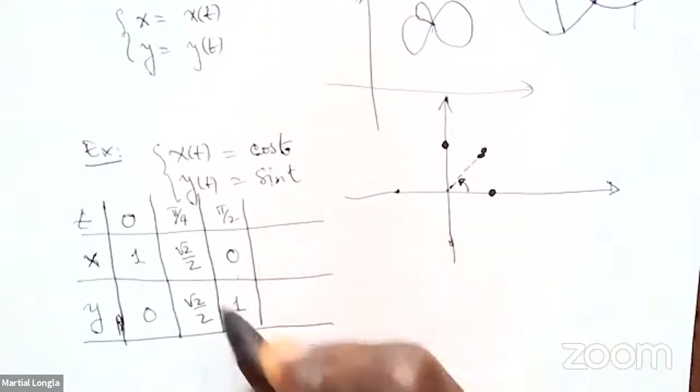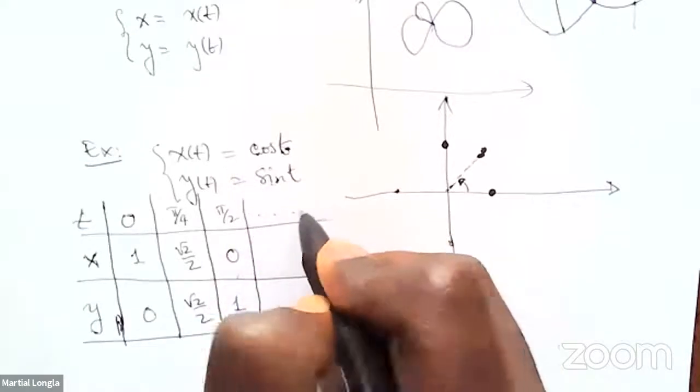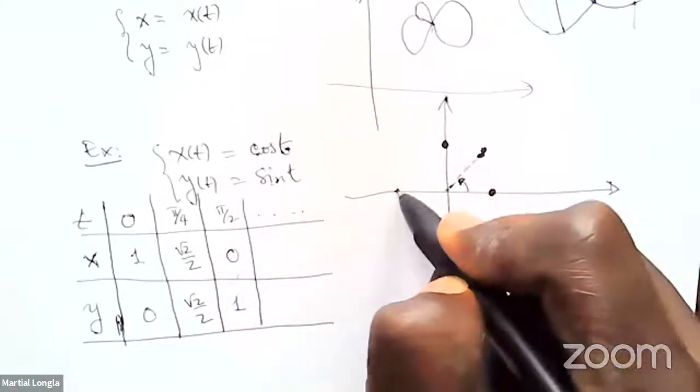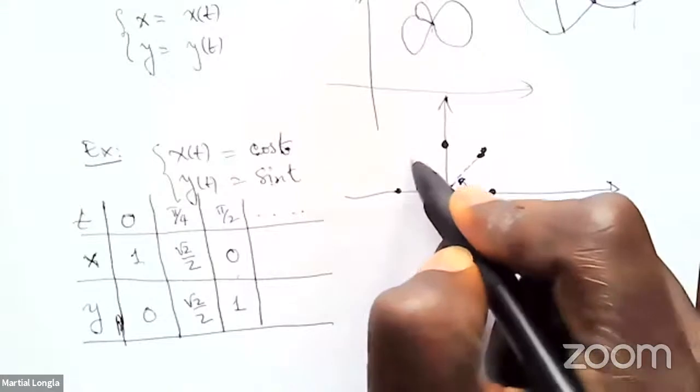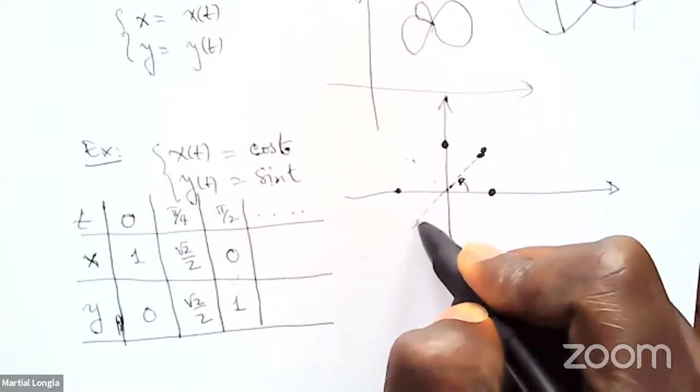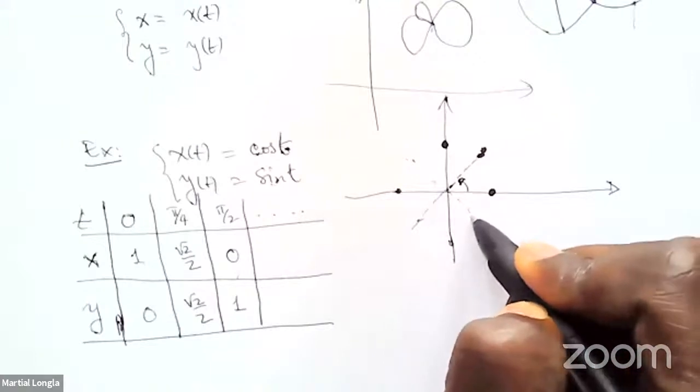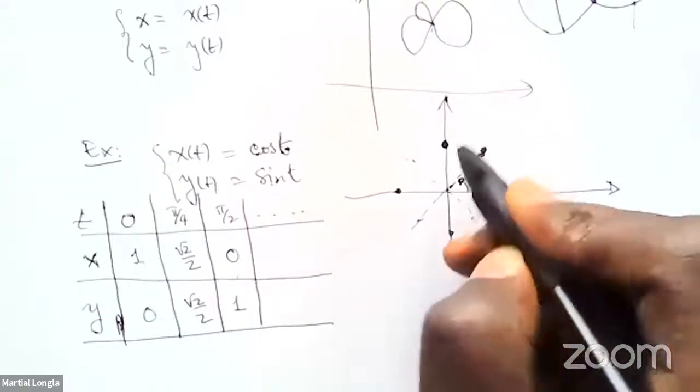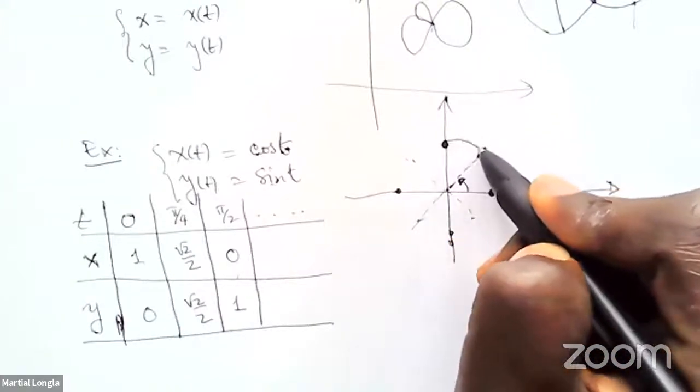And so if you continue doing this, plugging in the numbers, you will obtain all other points. You have this point, then you have another one halfway here, then you have another point, and then you have another point halfway here, and then you have another one at -1. And it's a circle that you get actually.